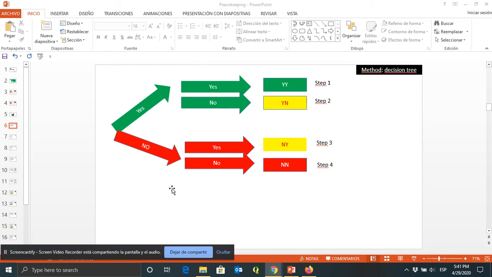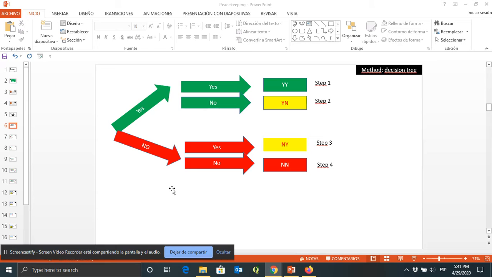Now we use the decision tree. The decision tree has two arrows, yes or no. And the upper arrow divides itself also into yes or no to get a yes, yes, step 1, and a yes, no, step 2.